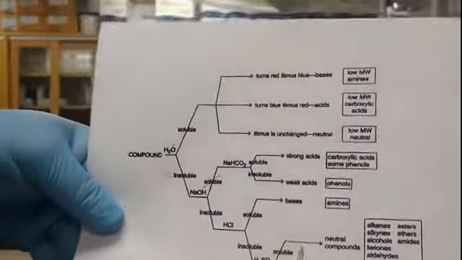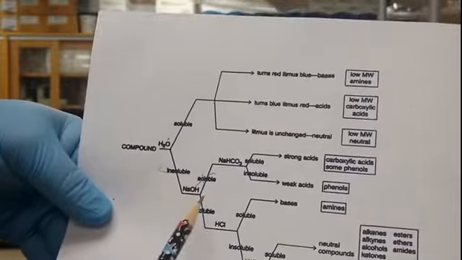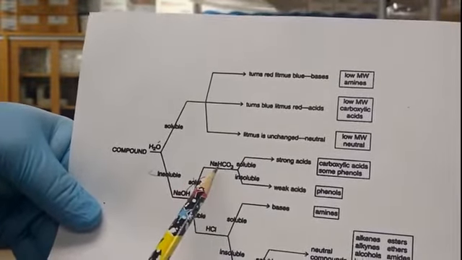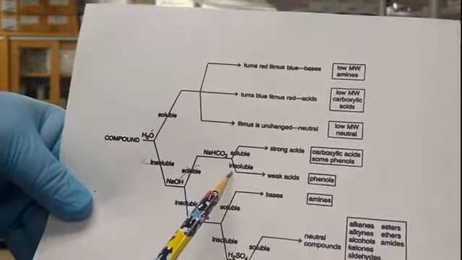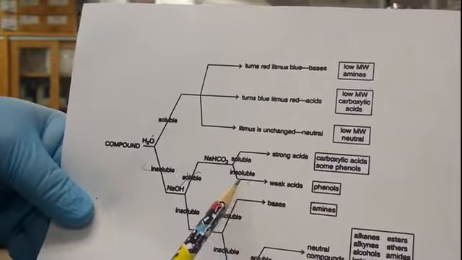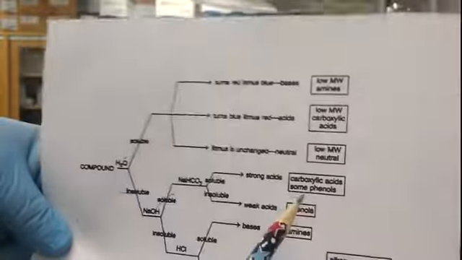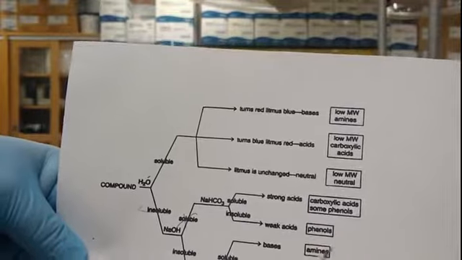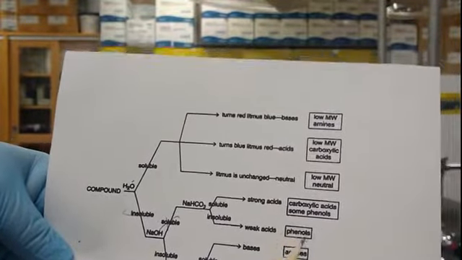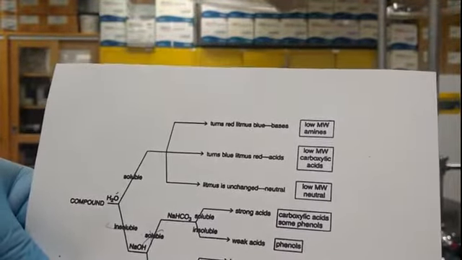If we follow this on our list, we were insoluble in water, soluble in the sodium hydroxide, and then insoluble in sodium bicarbonate, and that gives you the result of a weak acid, narrowing it down to a phenolic compound. We already know that, since I told you this sample is 2-naphthol, and naphthol is a phenol. So that's narrowed you down to one functional group.